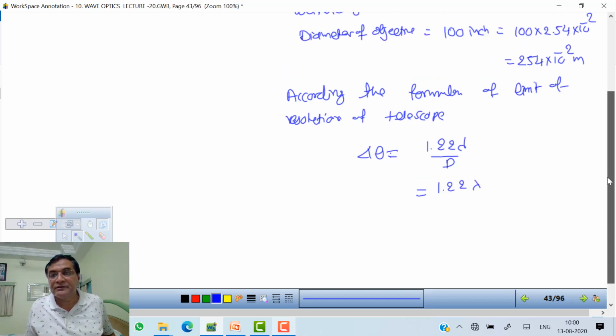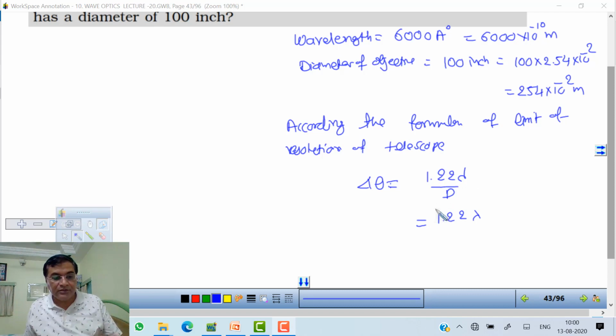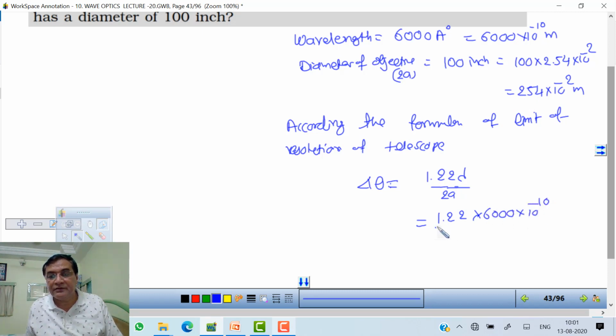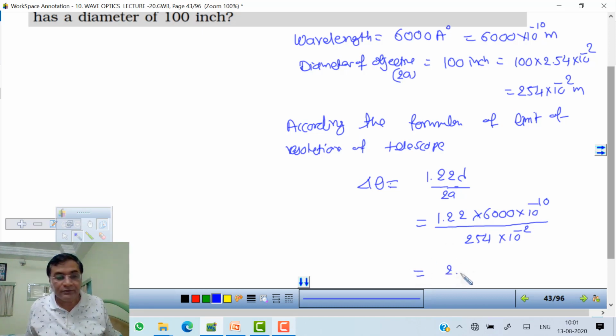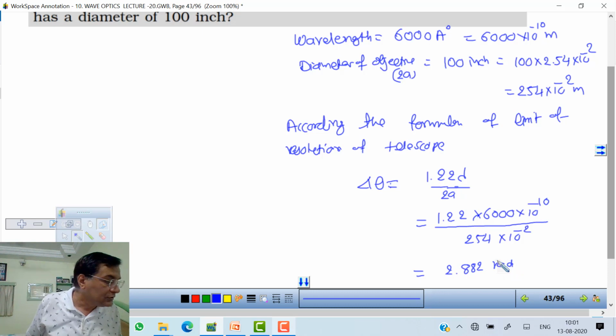Okay, so this comes out to be 1.22. Lambda is wavelength. Here this is nothing but d, or you can say 2a. We said 2a there, so in the text I write 2a. Okay, 1.22 lambda is 6000 into 10 raised to minus 10 divided by 2a, which is 254 into 10 raised to minus 2. So when you do the calculation, you will get 2.882 radian.